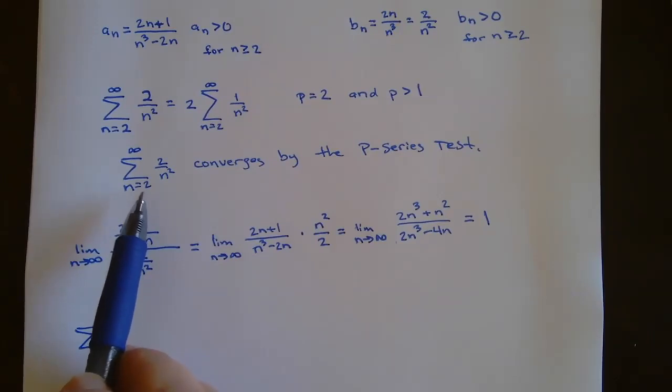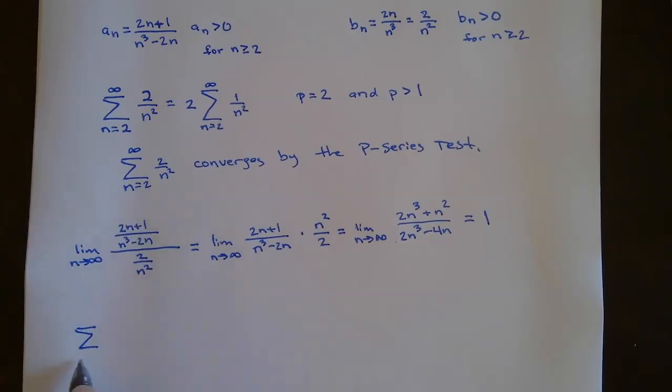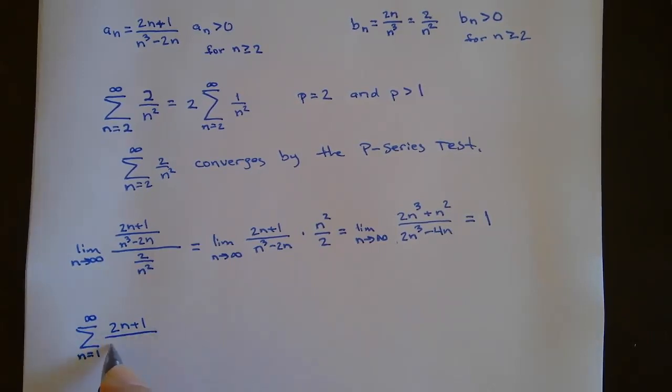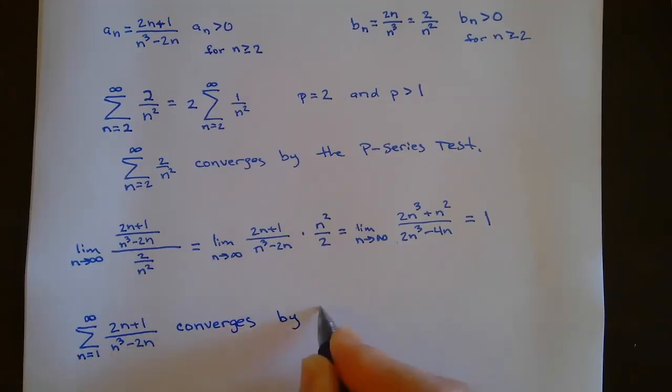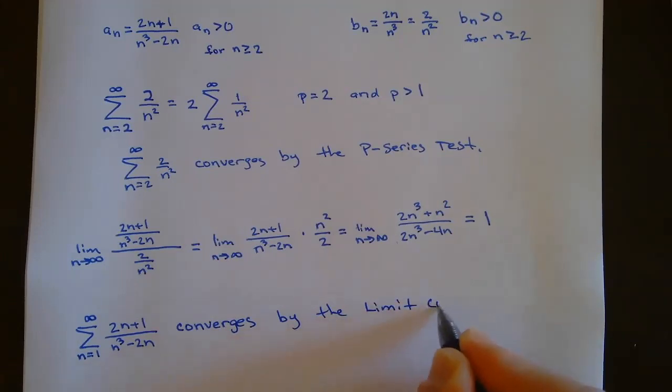So the sum from n equals 1 to infinity of 2n plus 1 over n cubed minus 2n converges by the limit comparison test.